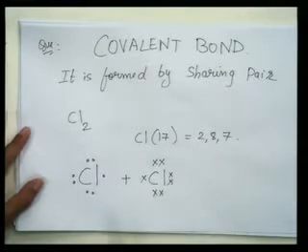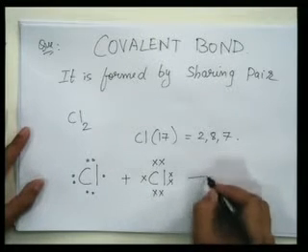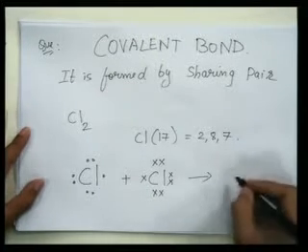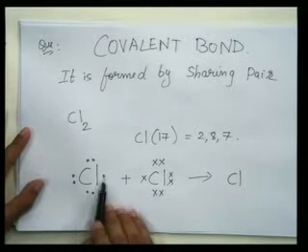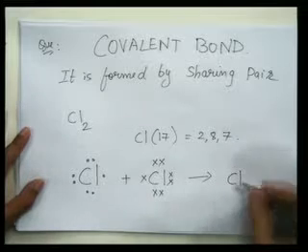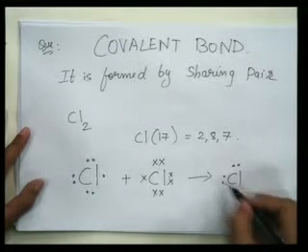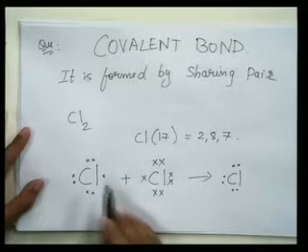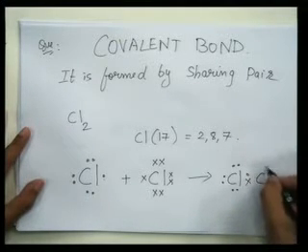Now what happens? This chlorine and this chlorine will together form the bond, and hence we can now show how the pairing occurs. This electron and this electron basically pairs together, and hence you can write the rest things similar. You can put the dots like this. These are the electrons, and we can show the pairing like this into the diagram.